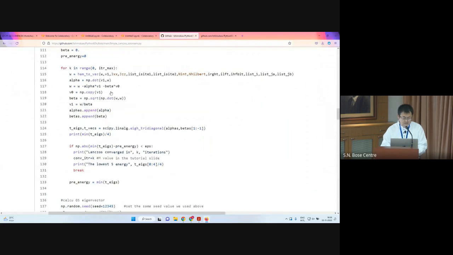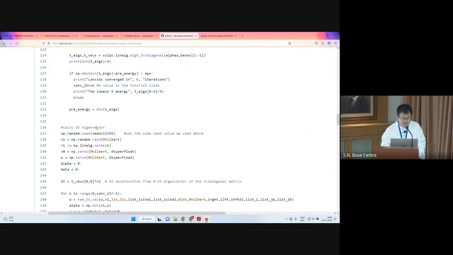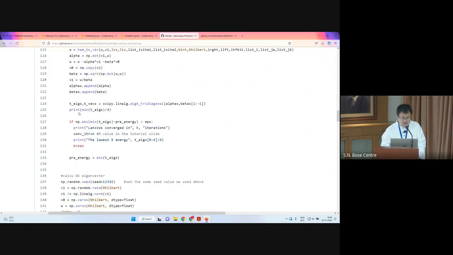To do these procedures, you can construct a tridiagonal matrix by using the alpha and beta coefficients and elements. And you can diagonalize the tridiagonal matrix by using this subroutine, a SciPy routine. So you can get the eigenvalues and the eigenvectors. And here is the check of the eigenenergy of the tridiagonal matrix. I think we have a question why we divide by 4.